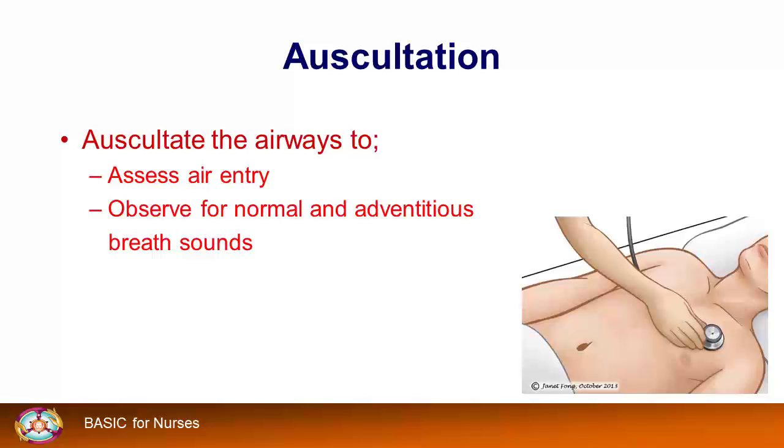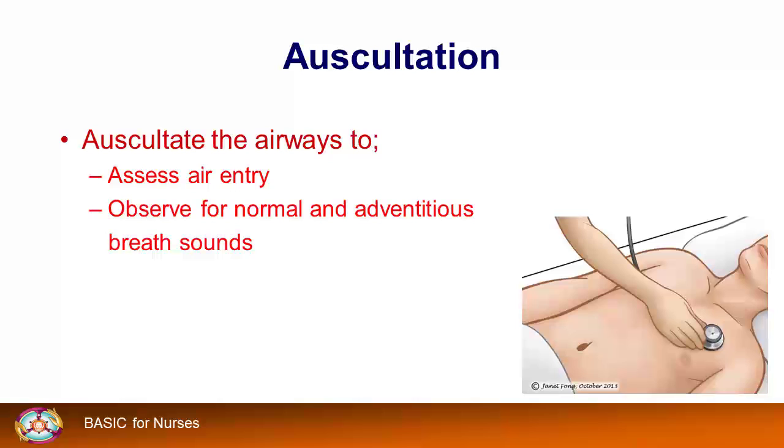If the patient is observed to have chest wall movement, breath sounds, and air movement, it is important to continue the airway assessment by auscultating the lungs. Auscultating the lungs allows you to assess air entry into the lungs and observe breath sounds. To auscultate the lungs, listen to the right upper quadrant, the left upper quadrant, the right lower quadrant, then the left lower quadrant.